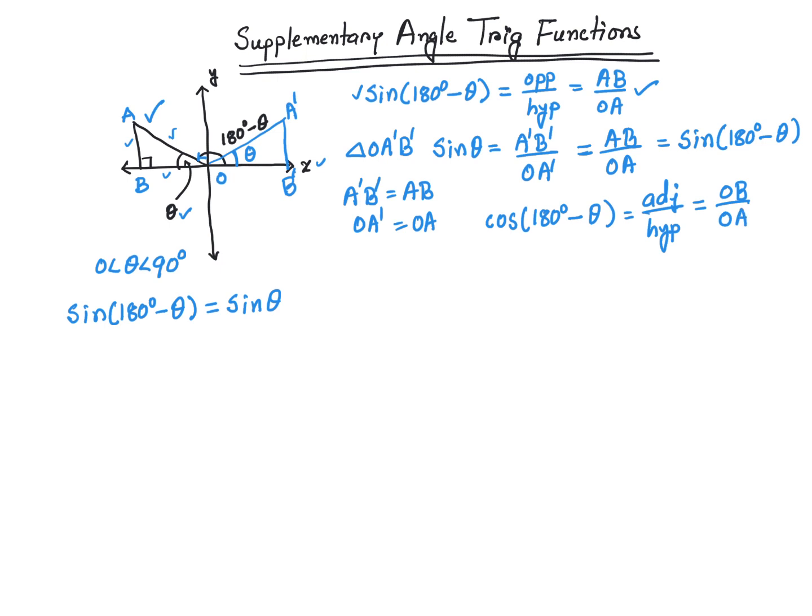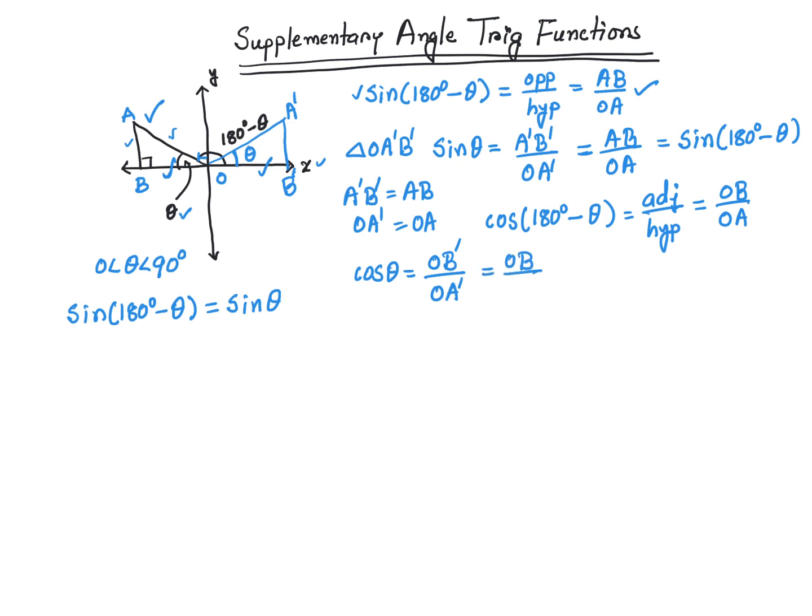Now let's go ahead and look at the reflected triangle OA prime B prime. In that case, cosine of theta is again adjacent over hypotenuse, which is OB prime over OA prime. OB prime, which is this line segment, is equal to OB.